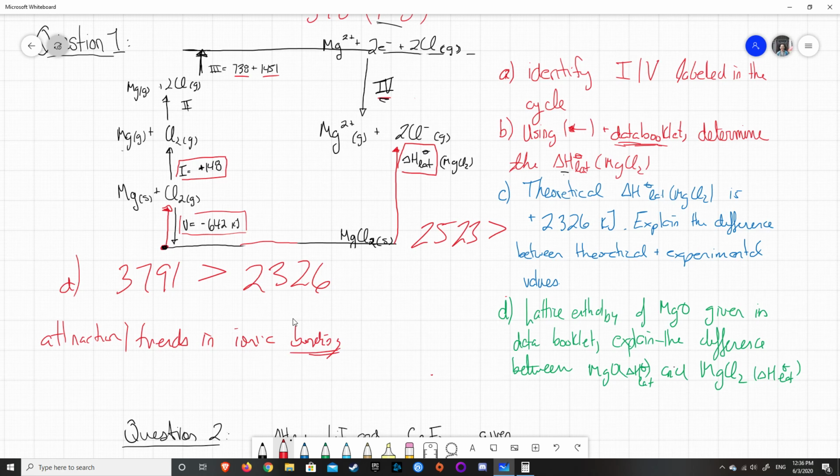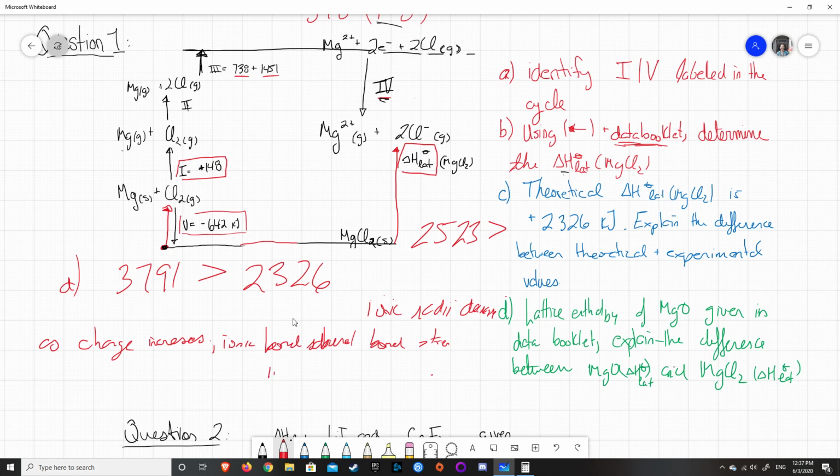As atoms get smaller, as ionic radius decreases, the bond strength increases, and also as charge increases, ionic bond strength increases. Those are the two trends that we've talked about previously in my other videos.